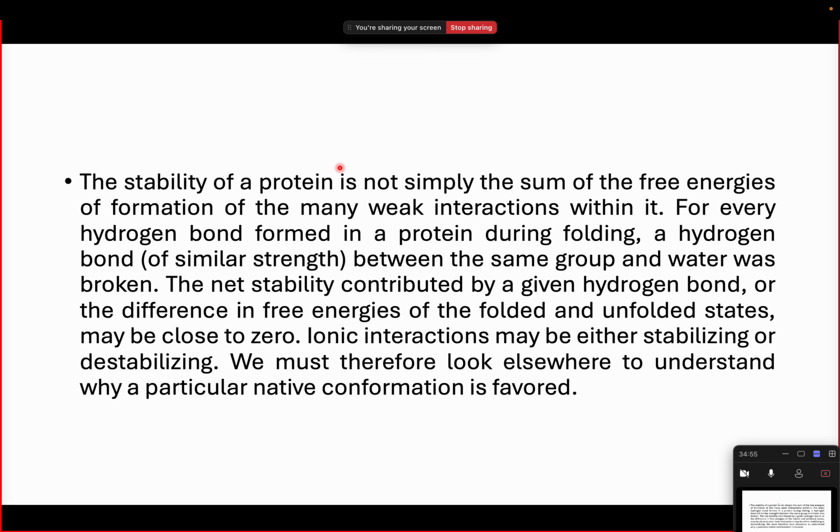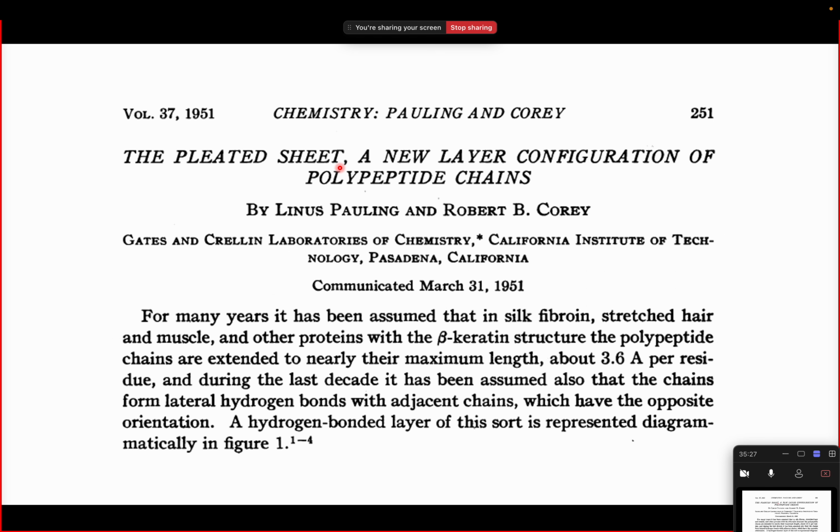So what energy or what motivation should these polypeptide chains have so that they can break the hydrogen bonds which are making them stable in the water, to come out of it and make hydrogen bonds within themselves for the 3D structure? So this cannot be the only driving force for the stability of a protein structure. There has to be something else also, so that proteins can go from the unfolded state to the folded state.